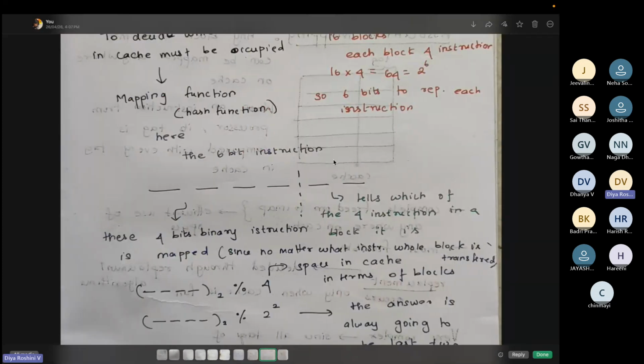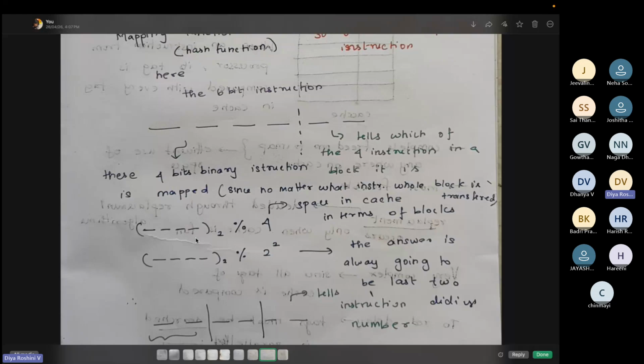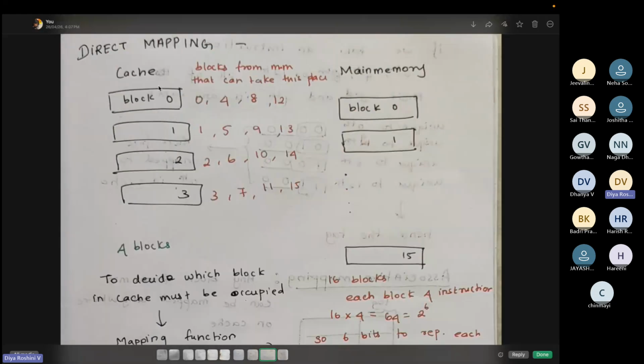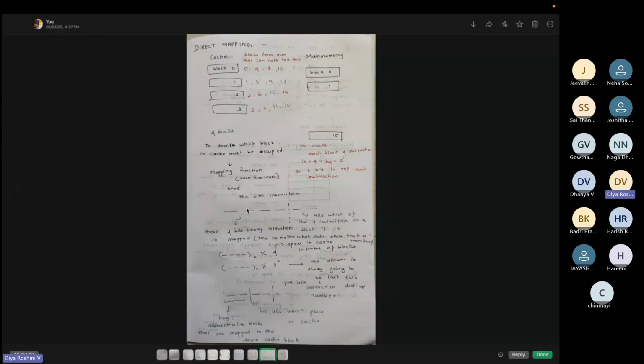So we leave that. Out of the rest of the 4, we apply the hash function. Again look at the power, and if the power is some k, the last k bits become your cache line identifier. Once you go to the cache to identify which of the multiple blocks mapped there is present, we look at the tag. The remaining bits are the tag. So this is direct mapping.